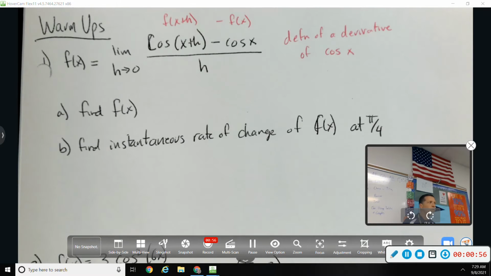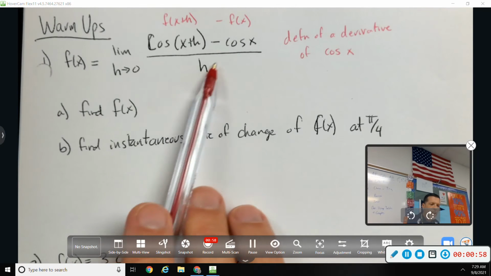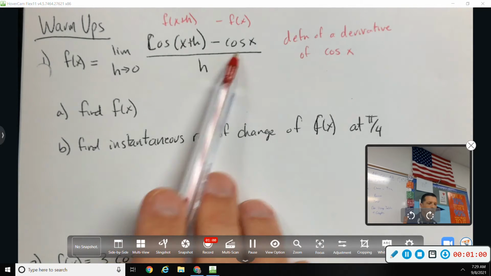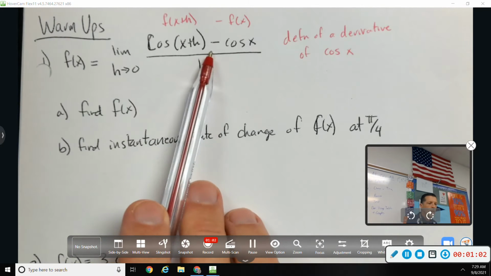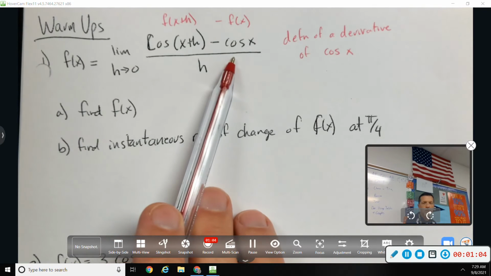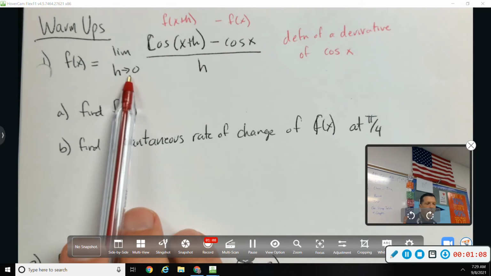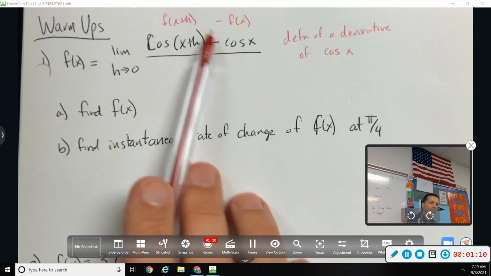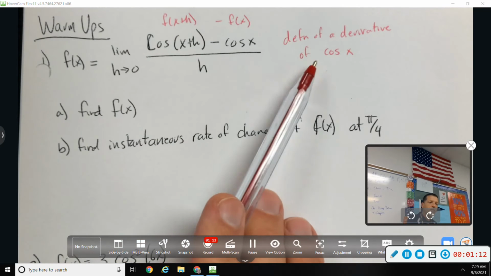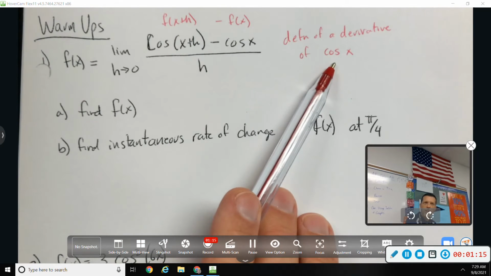This is where it's a little bit tricky, because we're actually not going to find a limit like we usually do. We're not going to plug in h equals 0, because we'd get 0 over 0, and there's nothing more we could do. So instead of actually evaluating the limit, we're going to recognize that that's the definition of the derivative of cosine. Well, what's the derivative of cosine?